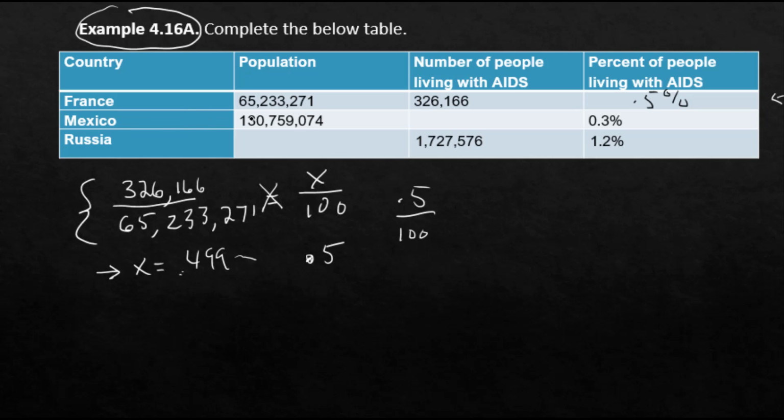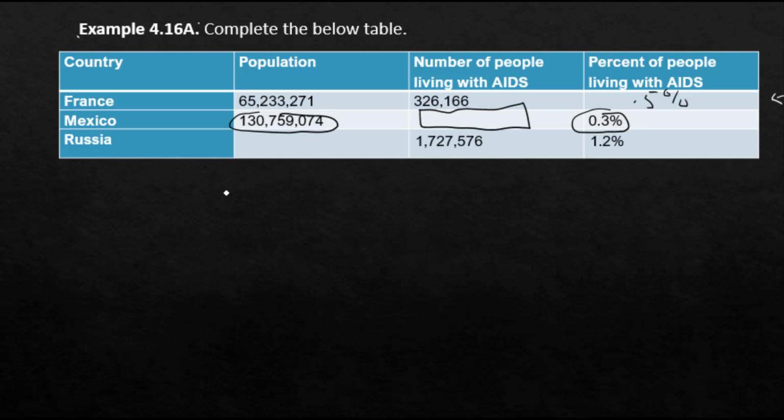So for Mexico, we need to find the number of people living with AIDS. We have the total population, and we have the percent. So let's do that one next. In this case, we're still going to use a proportion, but what is unknown is something different than the last problem. What's unknown is how many people are living with AIDS.